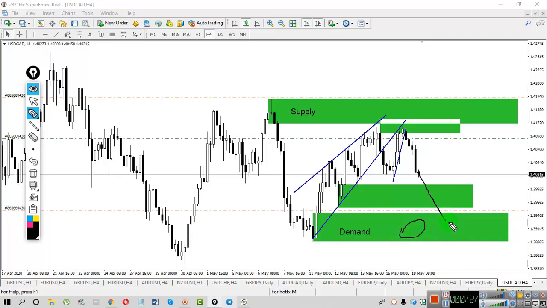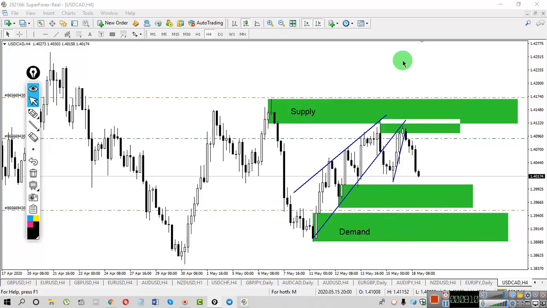So I will take a buy position on this demand zone, then we will look for buy entries from this level. This demand zone is already tested at this point and at this point, so I think market can easily penetrate through this demand zone and will test this demand zone in future.